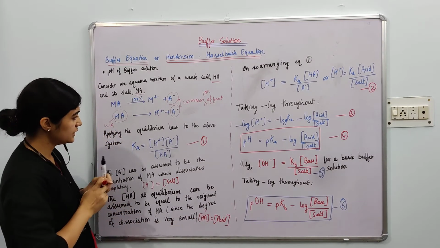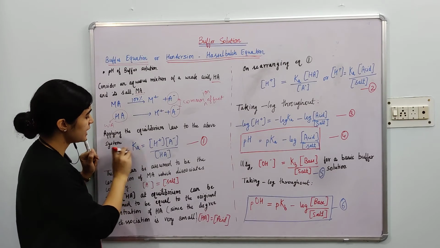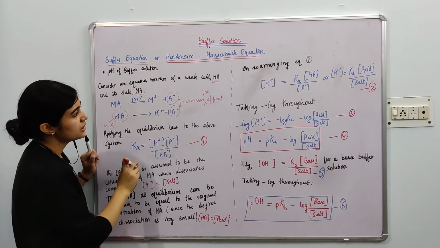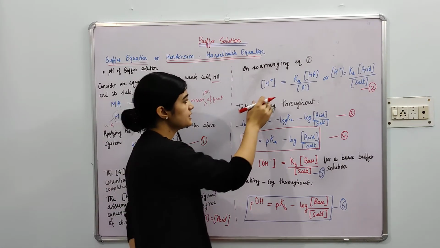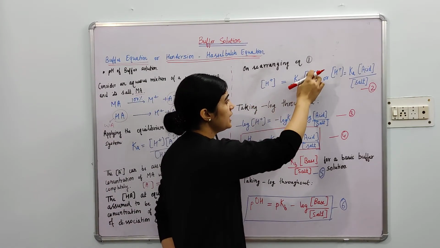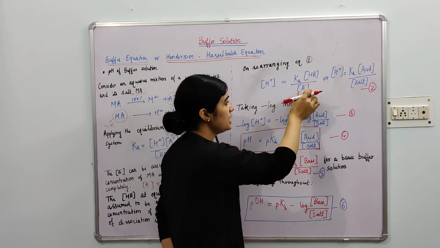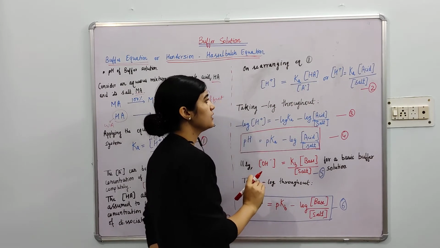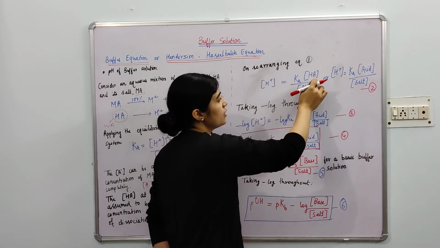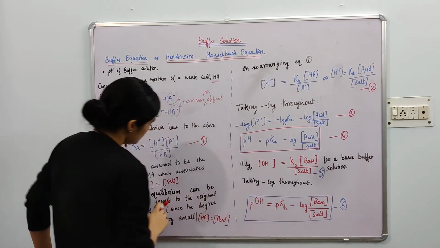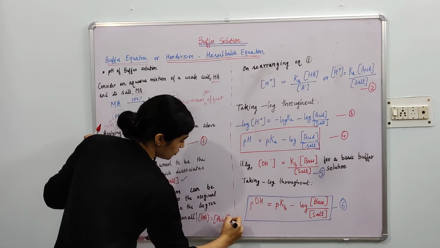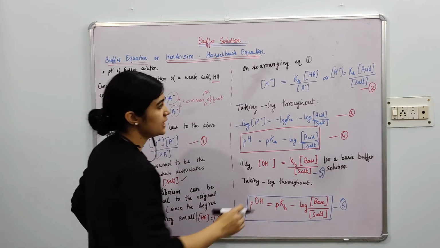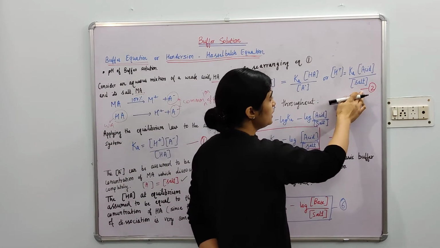Now starting from our first equation, that is the acid dissociation constant, if we rearrange this equation, it can be written as H positive is equal to Ka into concentration of HA divided by A negative, and these two concentration terms can be exchanged by concentration of salt and concentration of acid. So that's what we have done in our second equation.